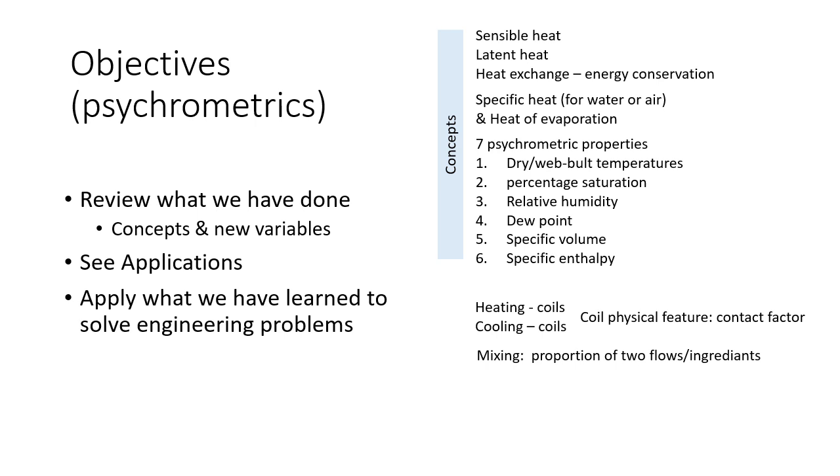So when we mix two different air flows, we have a new state of air, and a way to calculate the mixture is by the proportion of one component plus the proportion multiplied by the other component.